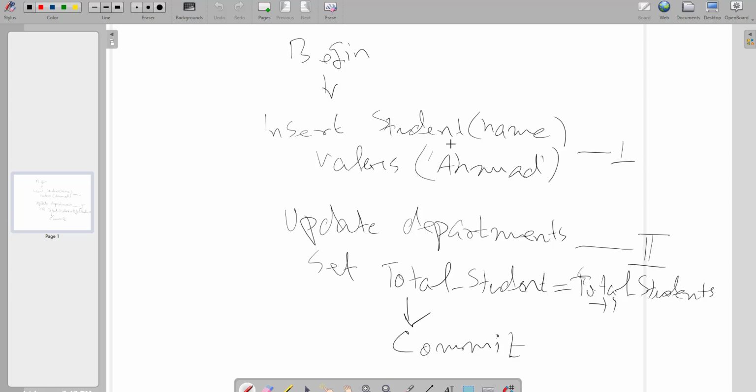One is inserting the data into the students table, and then updating the department's total students. So we need to make a transaction so that both statements succeed or fail together, right? By using the transaction.